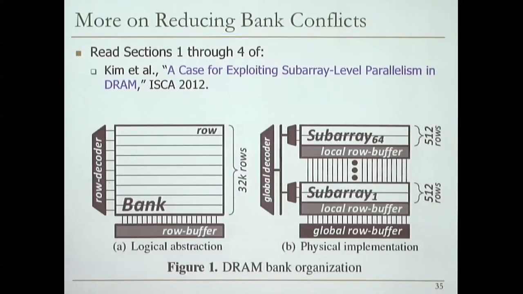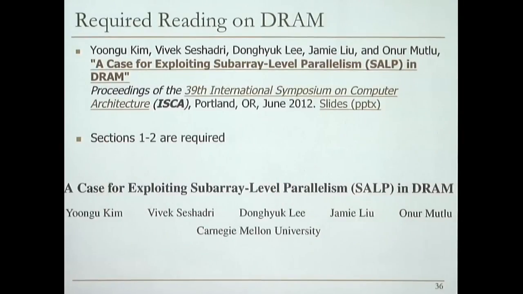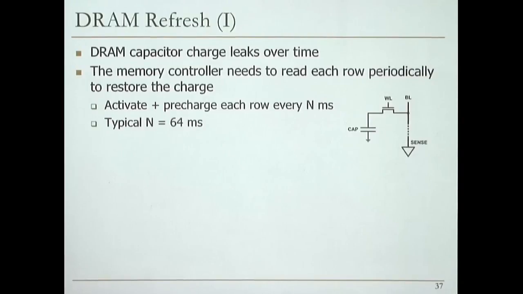So we divide each bank into smaller subarrays. And maybe there are some conflict patterns that exist over here, too. So this paper talks about how to reduce bank conflicts and different ways of doing it. And we may cover it at some point. But let's move on right now with other memory control issues.